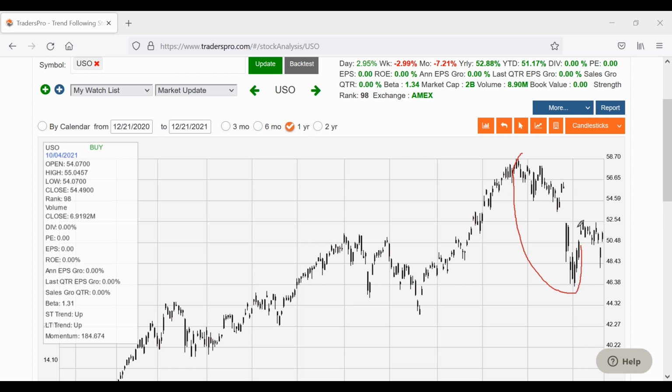Could this big pullback we already saw in oil be caused by the anticipation of the variant? The oil market, as well as the stock market, did start to sell off significantly when the rumors of that variant coming out appeared.